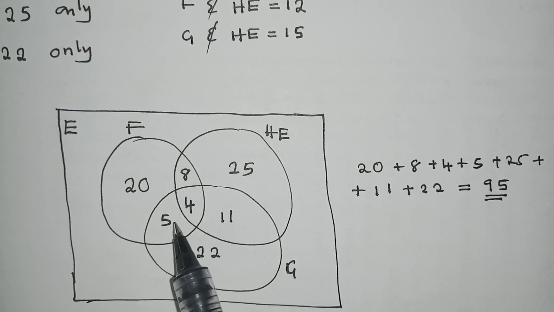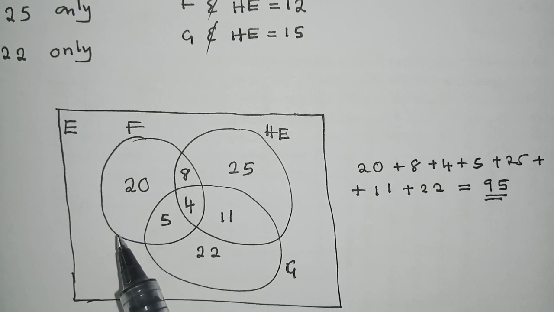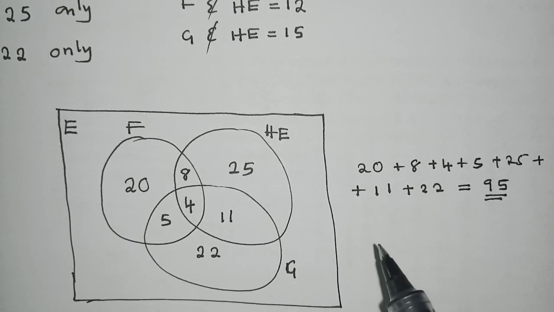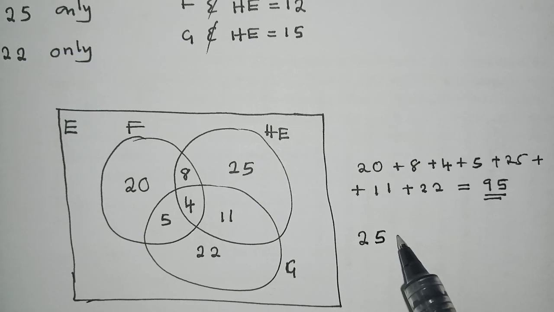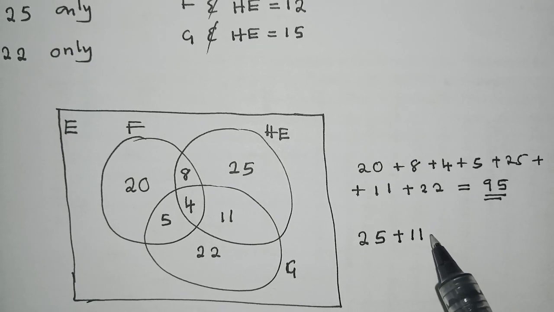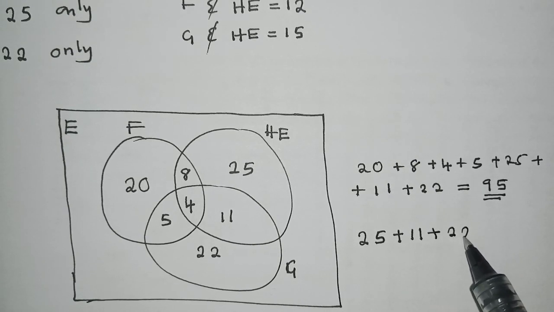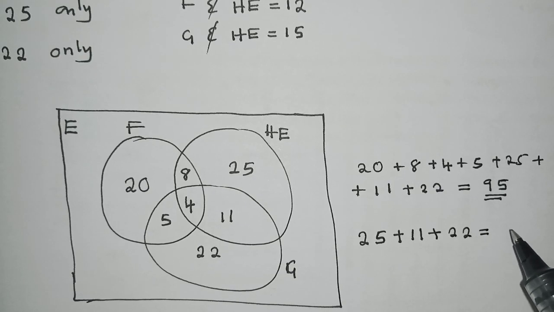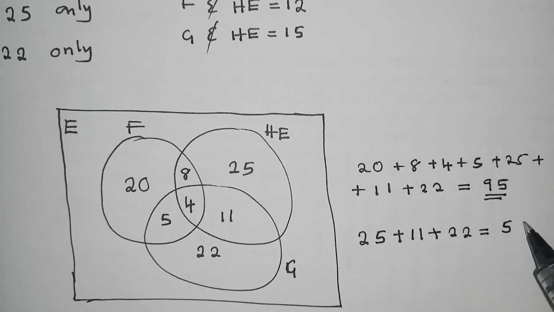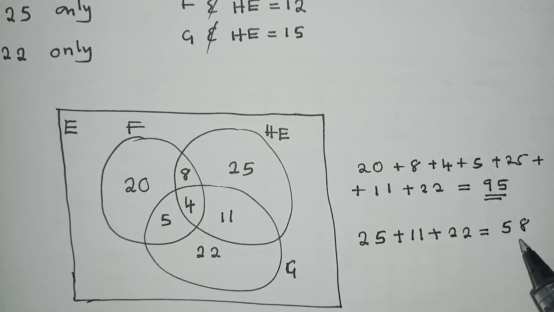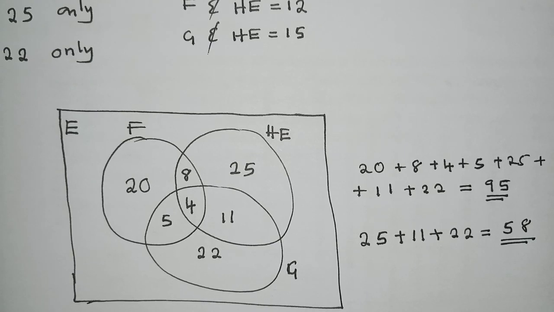So meaning not French, all these are not going to be included. You just get 25 plus 11 plus 22, which is equal to 58. Yeah, 58. So our answer is 58.